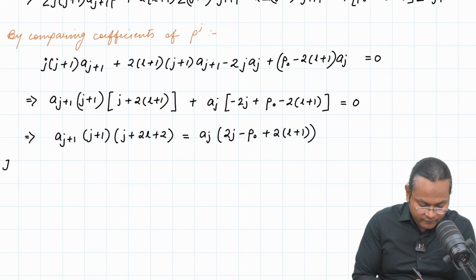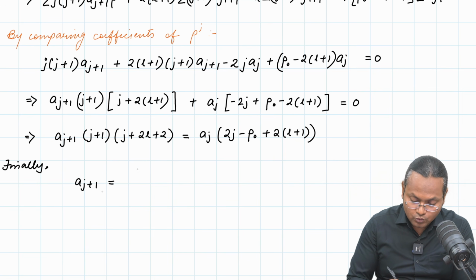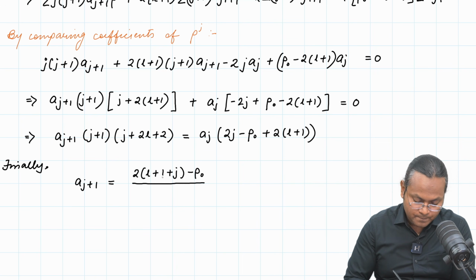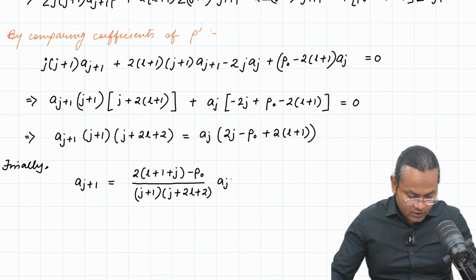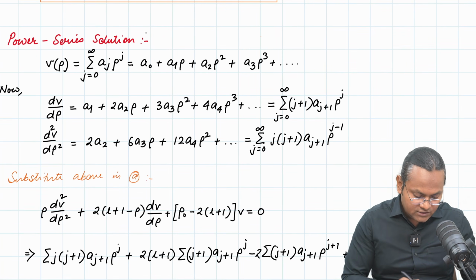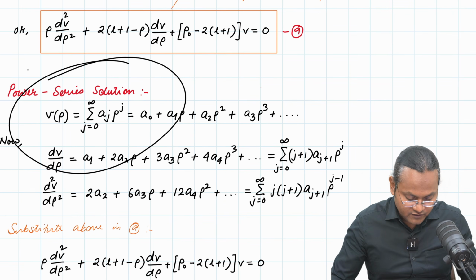So finally, we have our recursion relationship for the power series solution, which is a_(j+1) is equal to (2(l+1+j) minus rho naught) upon (j+1)(j+2l+2), times a_j. This is the recursion relationship for the power series solution that we considered to be the solution of the differential equation.